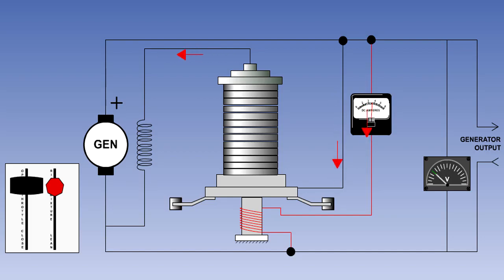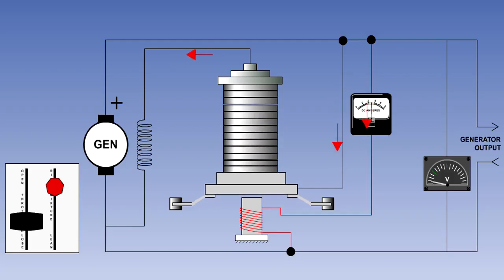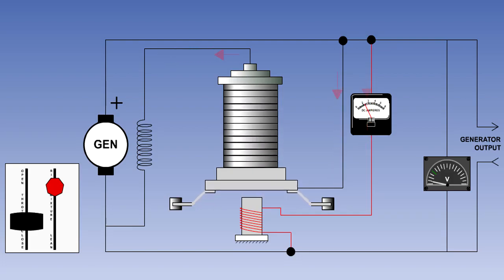This will reduce the current flowing in the field, and the output voltage will fall back to its normal value. Similarly, if the generator output voltage decreases, the carbon pile will become more compressed, and its resistance will decrease. This will allow an increase in field current, bringing the output voltage back to normal.